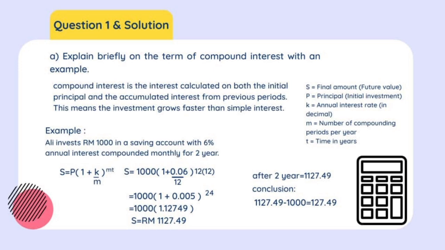After we calculate, we get S = 1000(1 + 0.005)^24. Then we get the answer S = RM1127.49. After 2 years, the investment grew to RM1127.49. If we subtract the original investment of RM1000, the total interest earned is RM127.49.